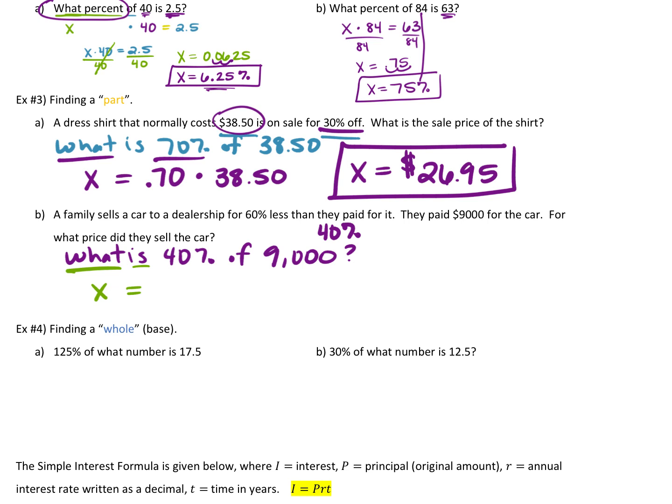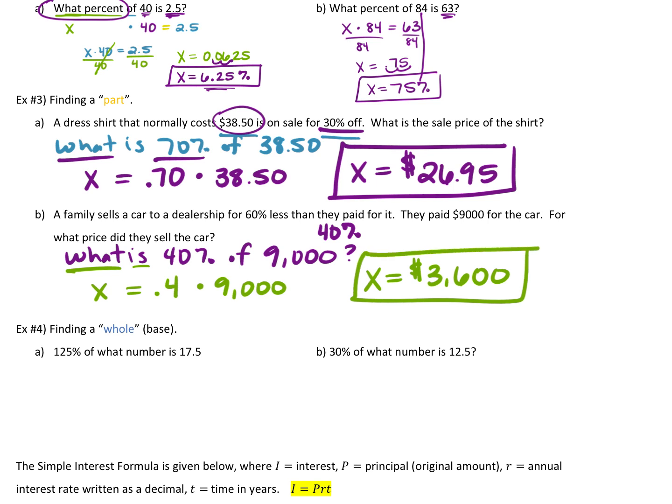So we write 40% as 0.4, or 0.40 is fine, "of" is times 9,000. Plug that into your calculator. 0.4 times 9,000 is, and this is money, so $3,600. They sold it for $3,600.